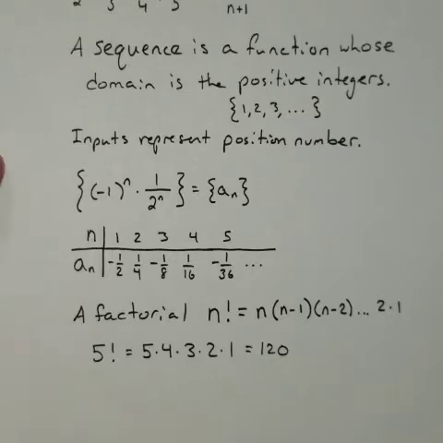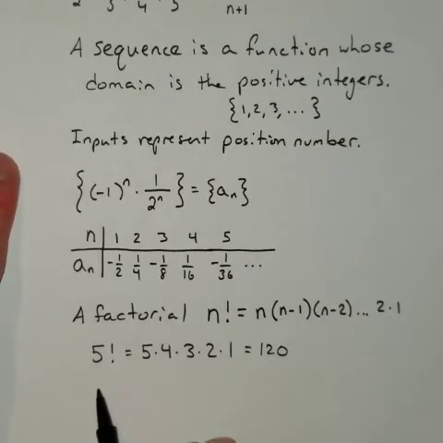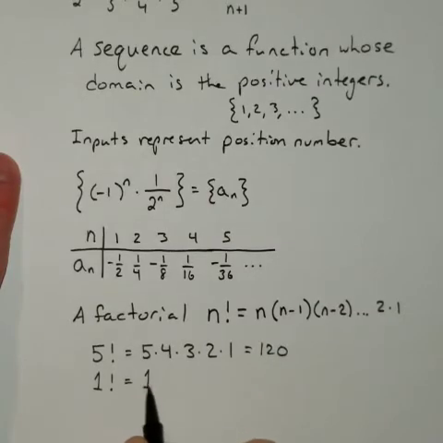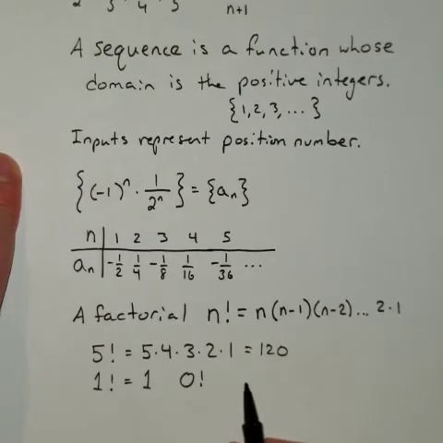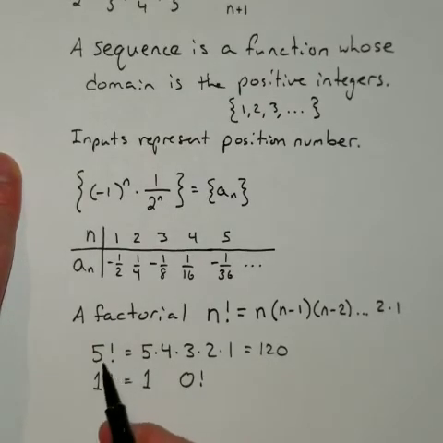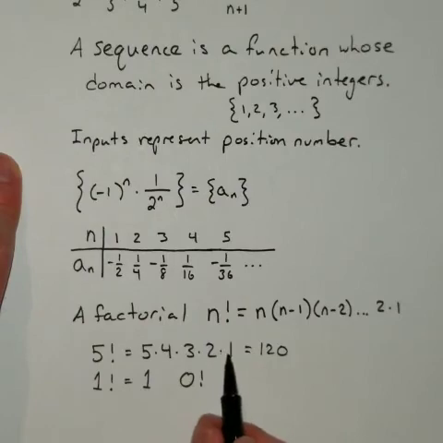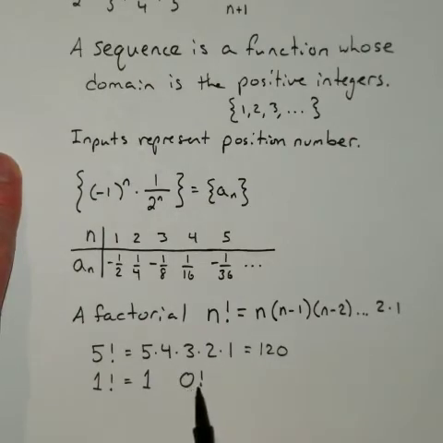A couple special factorials. 1 factorial is defined to be 1, and 0 factorial, even though 0 doesn't really have this idea, because you can't multiply by numbers less than 0 that are whole numbers, we define 0 factorial, and it also is equal to 1.